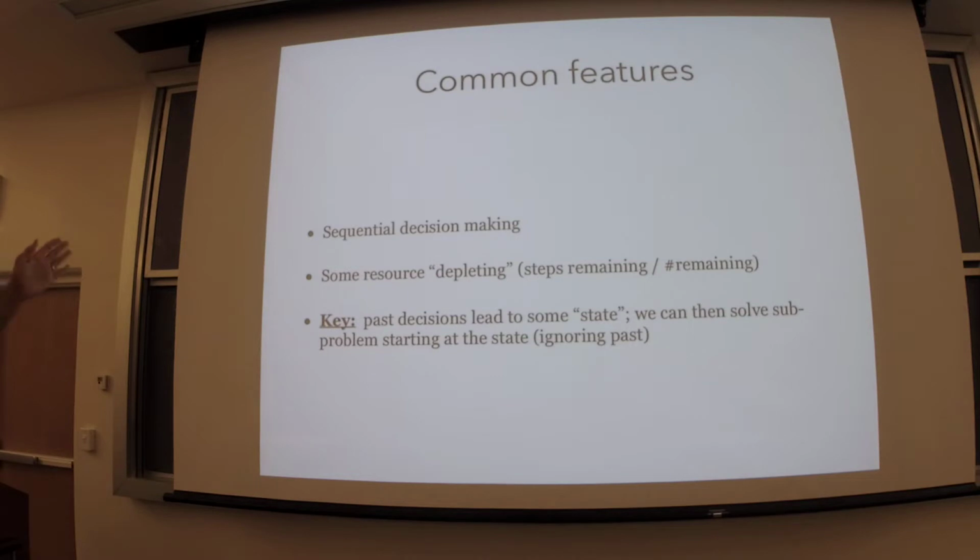You have this set of elements, and you have to decide if each of the elements is in the subset or not. Abstractly, you can think of both of these problems as some sequence of decisions to be made. And importantly, there is a reward only in the end.